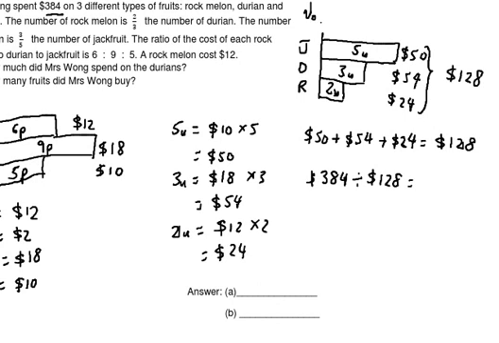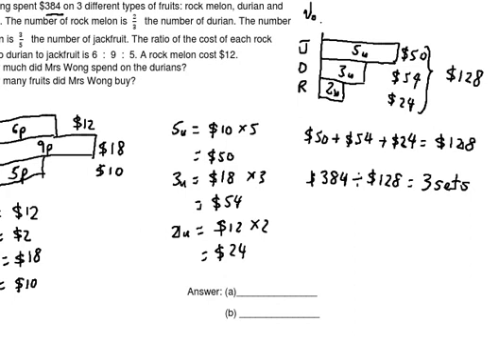Three what? 3 sets. Okay. So you know that when a person spent $384, he is a he, right? Yeah, no, it's a she. She actually bought 3 sets of fruits, right?